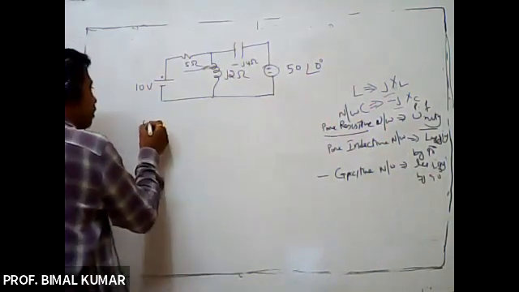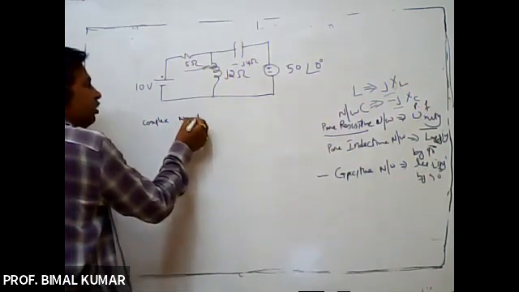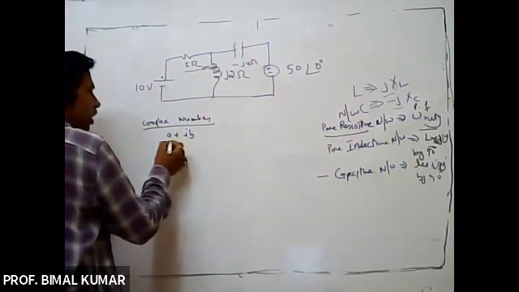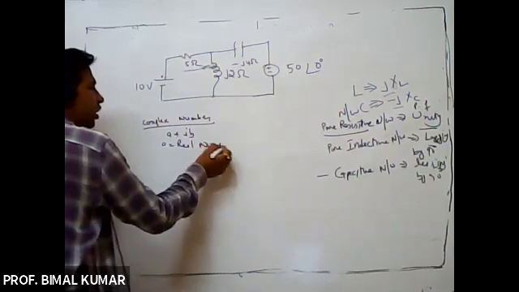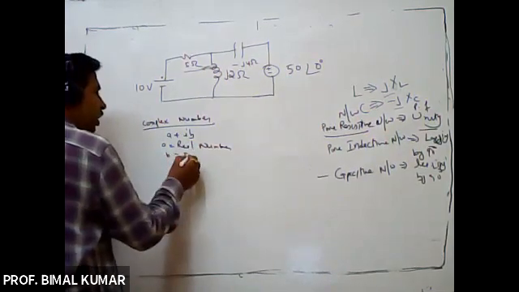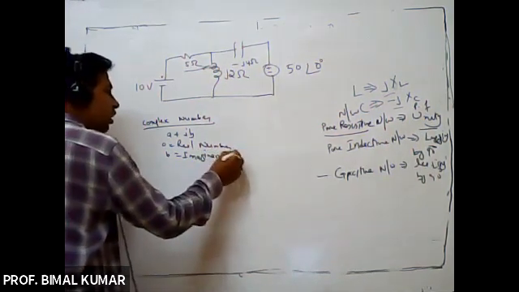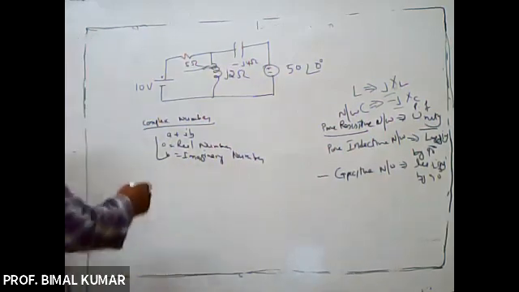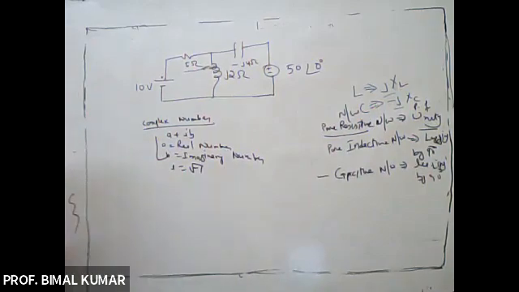In case of the complex number, we take A plus iota B. A is a real number and B is an imaginary number, and iota is equal to under root of minus 1.